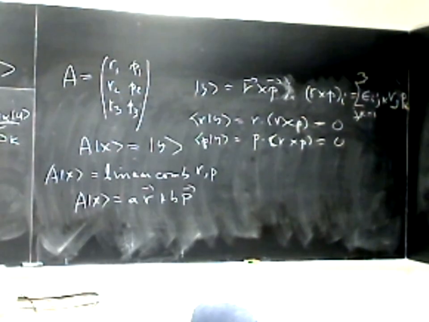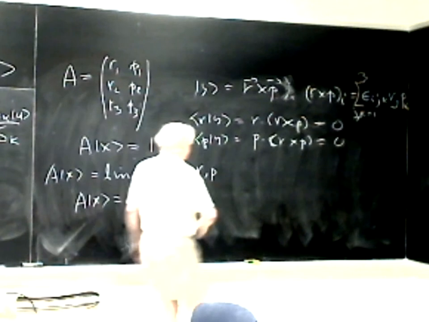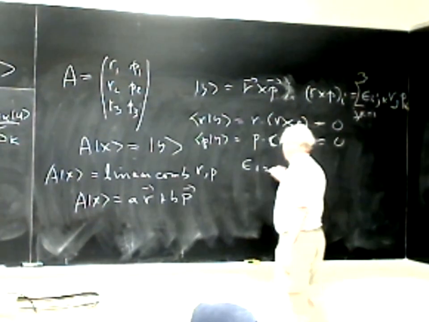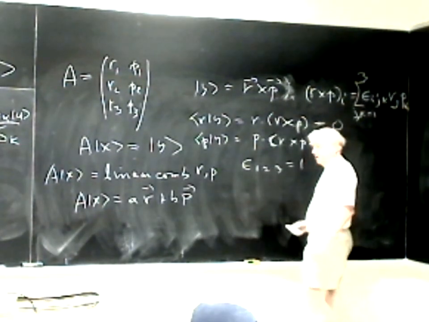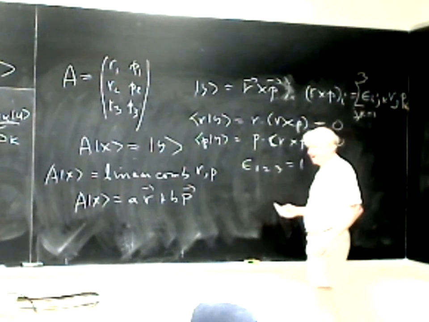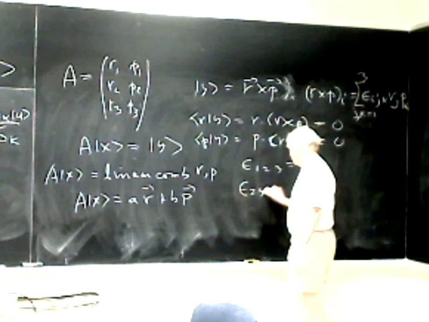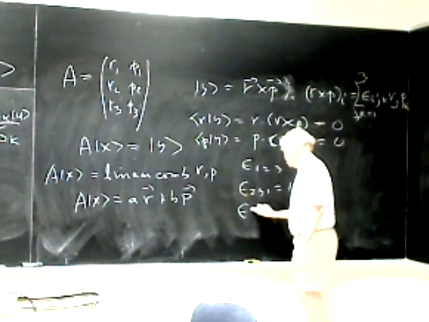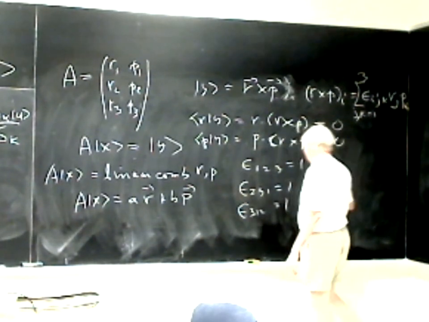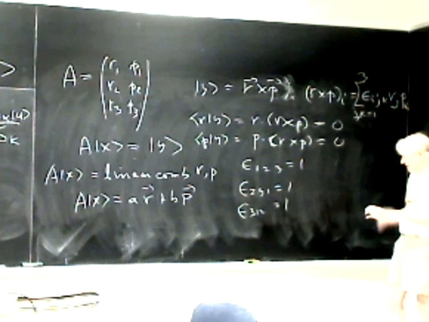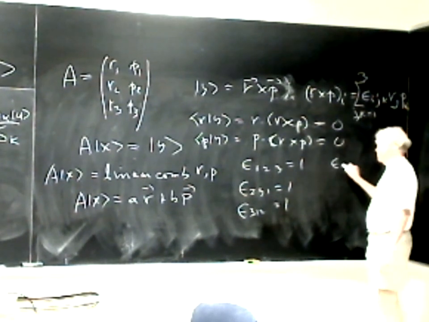By the way, one of the students asked me about that. Remember, epsilon 1, 2, 3 is 1. All cyclic permutations of that are also 1. So epsilon 2, 3, 1 is 1. Epsilon 3, 1, 2 is 1. On the other hand, it's totally antisymmetric. So epsilon 2, 1, 3 is minus 1.